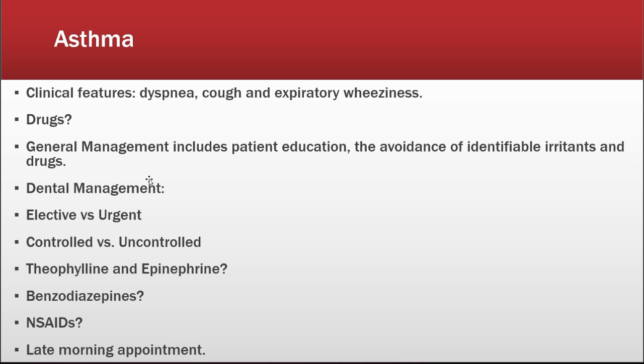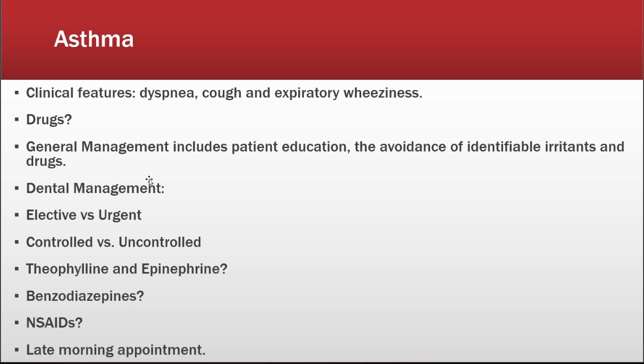Now, the general management: patient education, avoidance of identifiable irritants, and the medications. When we do any dental procedure on an asthma patient, we need to know: is it controlled and is it urgent? Now, if the procedure we're doing is elective, not necessary, and the patient has uncontrolled asthma, we don't do the procedure.